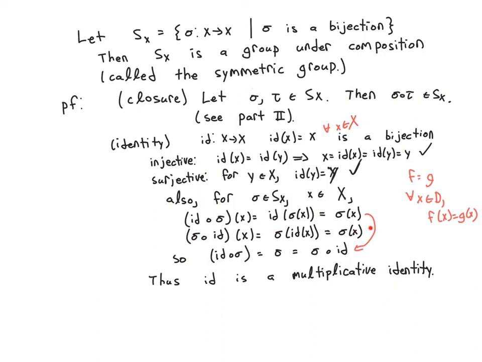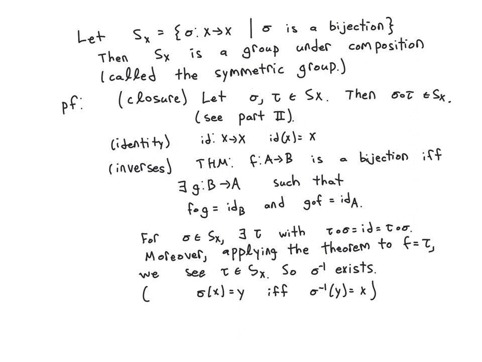Similarly, this equation told us that these two functions have the same y values for every x value, so they're the same function. And so congratulations, if you compose any bijection on the left or right by the identity function, you get that bijection back. Therefore, the identity is a multiplicative identity.